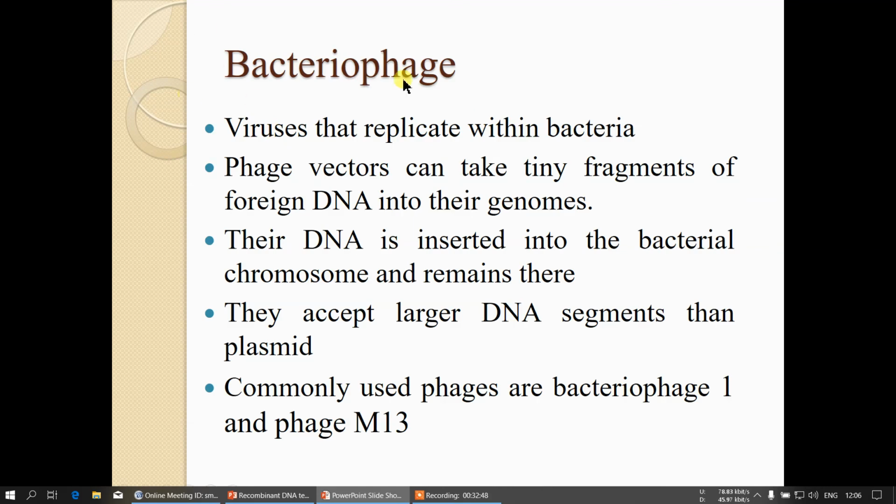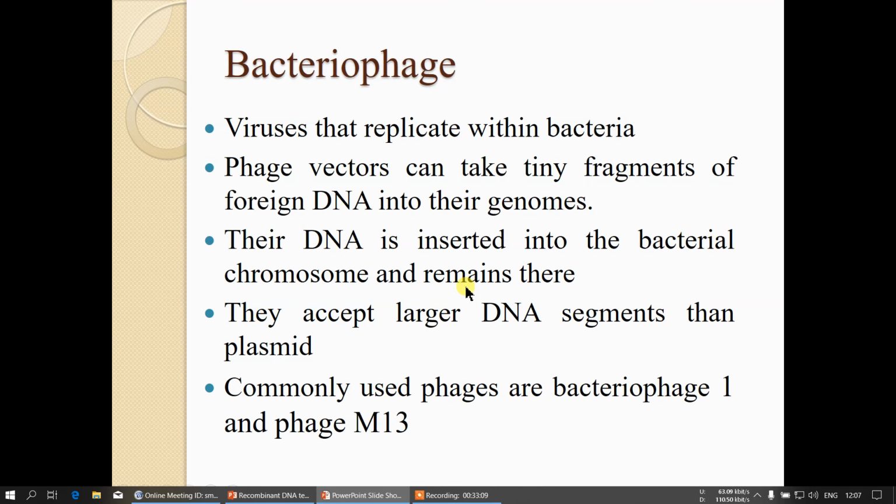Then bacteriophage is another type of vector. What is a bacteriophage? A virus that replicates inside the bacteria. Phage vectors can take tiny fragments of foreign DNA into their genome. Only small fragments of the interest DNA can be taken by the bacteriophage. Their DNA is inserted into the bacterial chromosome and remains there.